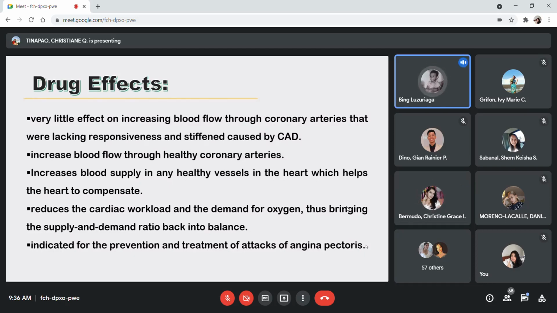Go direct to the point. So, what is now the effect of nitrates on the blood vessel? The effect of nitrates in the blood vessels, docs, is to increase the blood flow in the healthy coronary. Direct to the point, what is its effect on the blood vessel? Dilation, period.